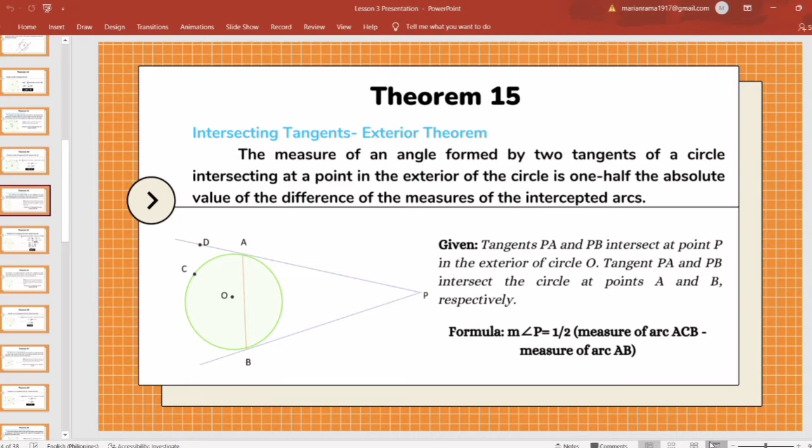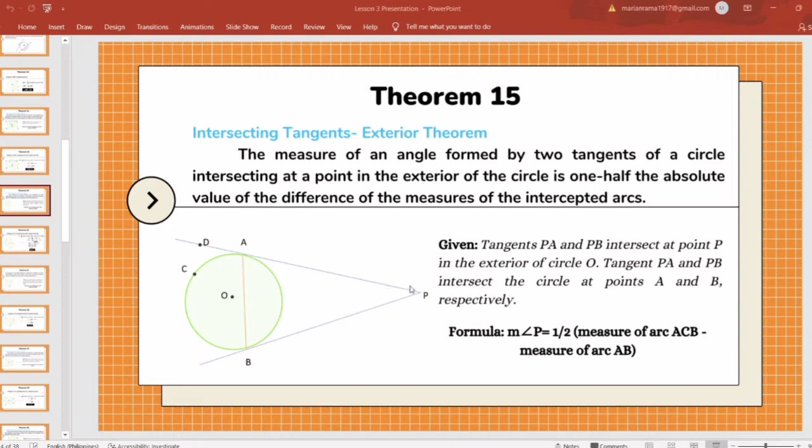For example, we have here, find the arc ACB. So if we have here our formula, angle P is equal to 1/2 the measure of our arc ACB minus the measure of our arc AB. Then we have to substitute the given.